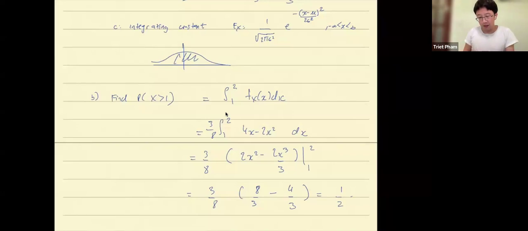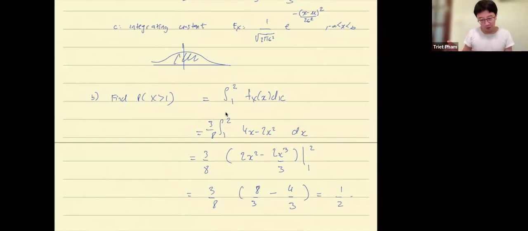Which sounds a lot like Calc 1, which it is. Again, don't get too bogged down with the calculus aspect. Well, you must be able to do calculus here. You can't escape from calculus, meaning you are expected to know integration and differentiation very well.